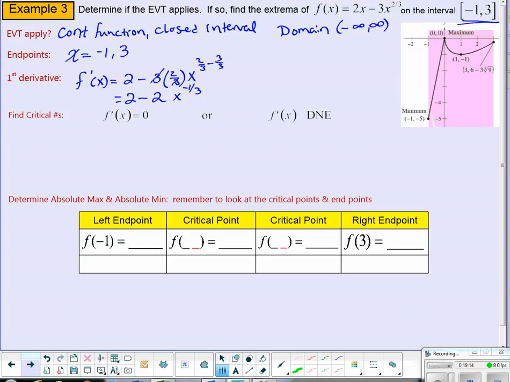We may want to just write that as 2 minus 2 over the cube root of x. So there's our first derivative. From that, we can find our critical numbers. Well, can I ever get this equal to 0? Perhaps we can. Let's set it up. 0 is equal to 2 minus 2 over the cube root of x.